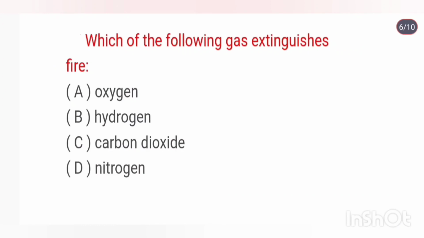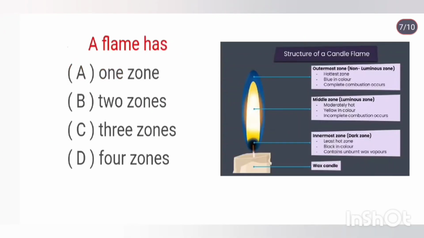Which of the following gas extinguishes fire? Carbon dioxide. A flame has three zones: outermost zone, middle zone, innermost zone.